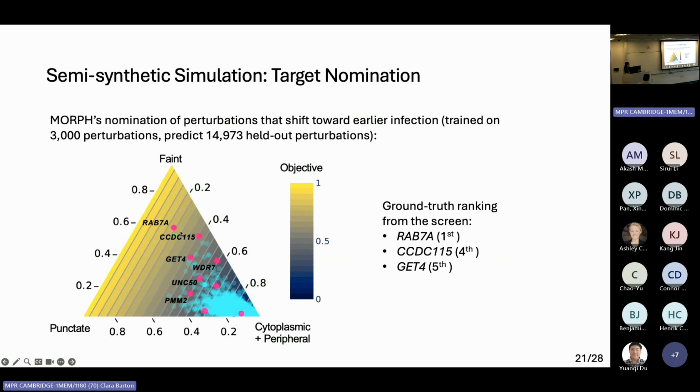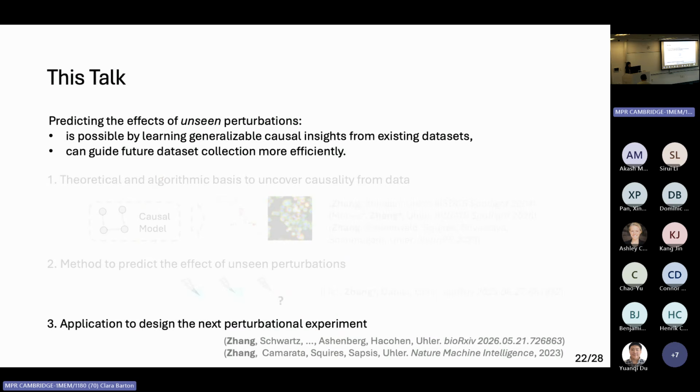These ones predicted to be top 10 by MORPH, just trained on 3,000, are actually top 10 in the ground truth ranking. So this is a semi-synthetic simulation showing how this can be applied. And now I will show you an actual application we did in collaboration with Nir Hacohen's lab at the Broad.